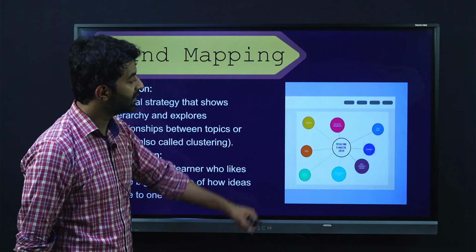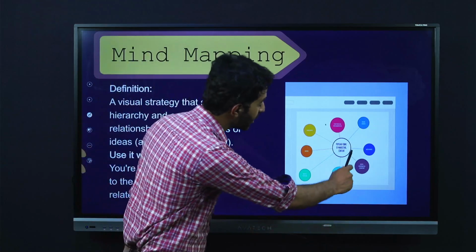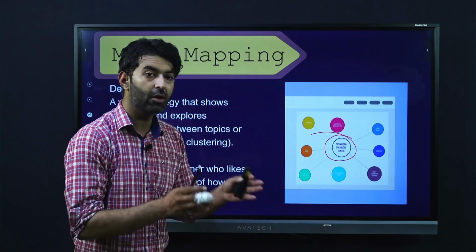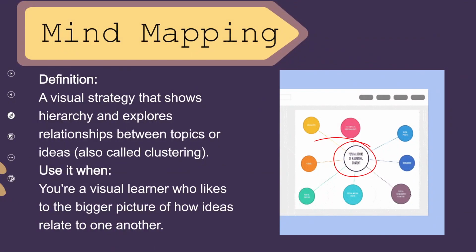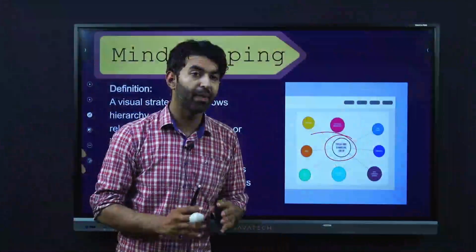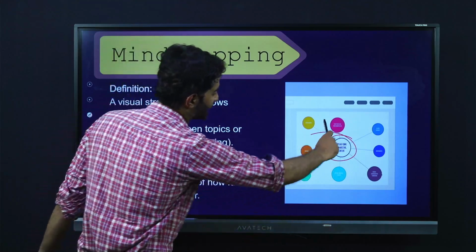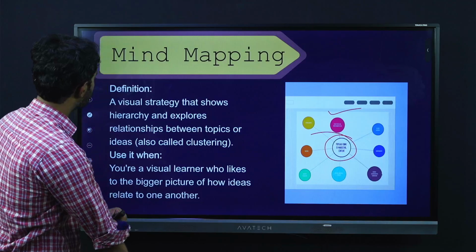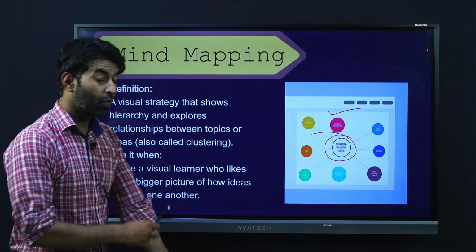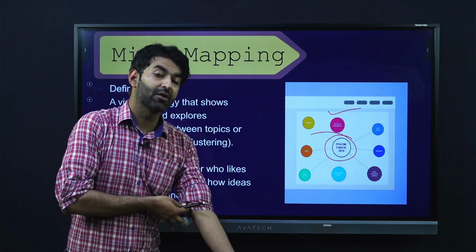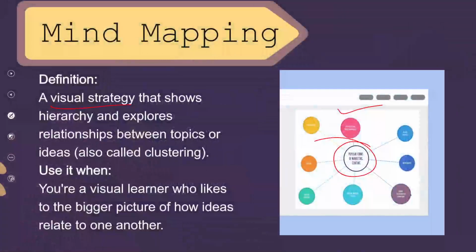Then you can see a mind map over here, putting your idea, your main topic in the center, and then forming branches, sub-branches, subtopics, and supporting details to map out the whole topic in a graphic organizer. So this is also an example of a graphic organizer. Basically it's a visual strategy. It's a technique that shows hierarchy and explores relationships between topics or ideas using these lines, those arrows that you add.